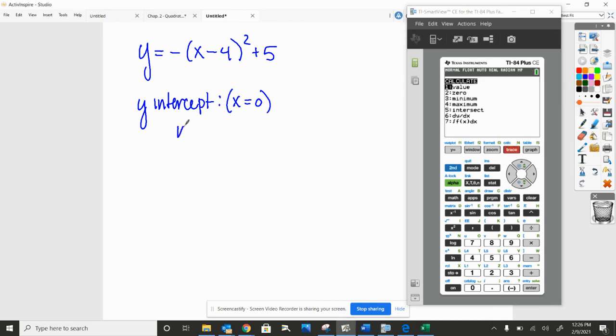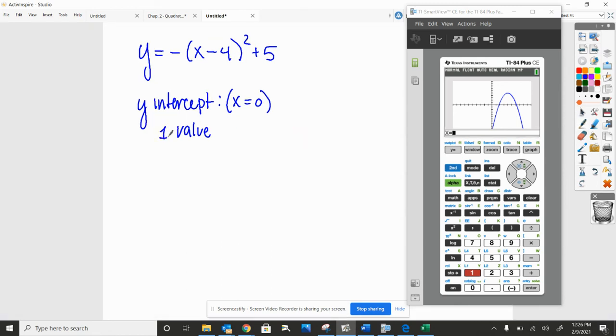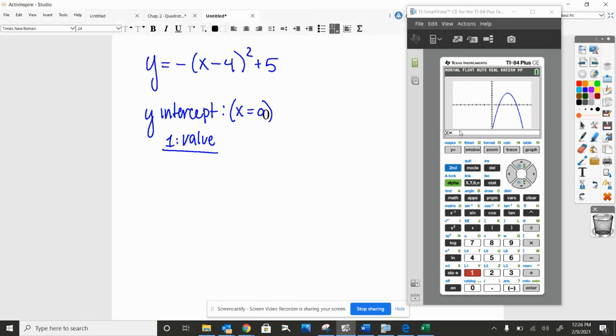And we're going to go to number 1, which is value. Okay, and every time we go to value, it will have a blinking X. All right, so if it's a blinking X, then that means we can plug in any value in there. So I'm going to plug in X is 0. Okay, and I'm going to hit enter.